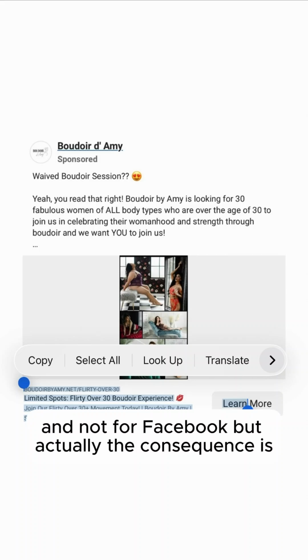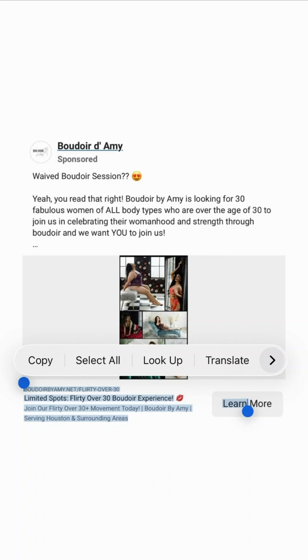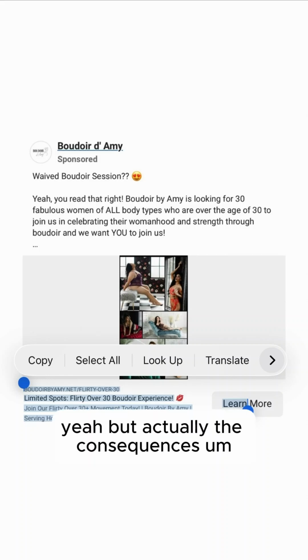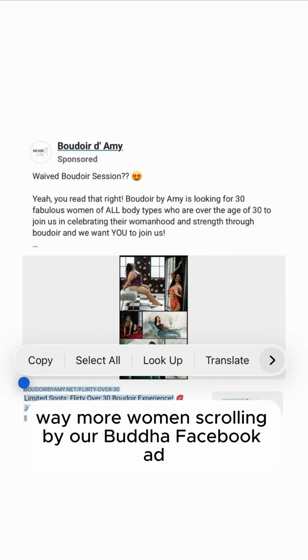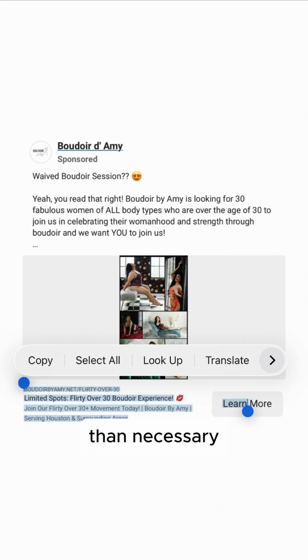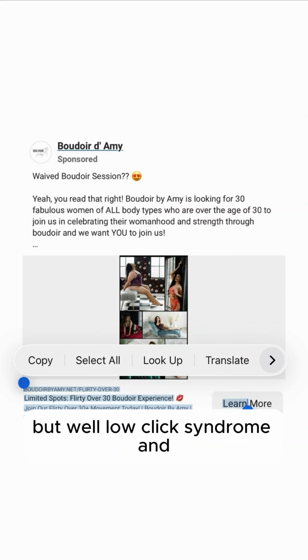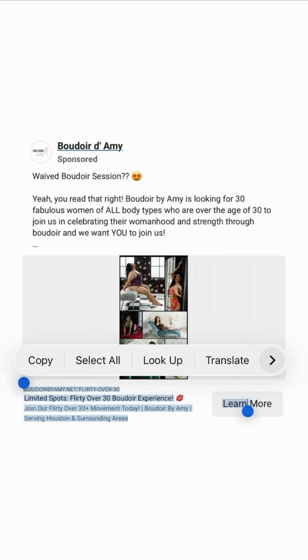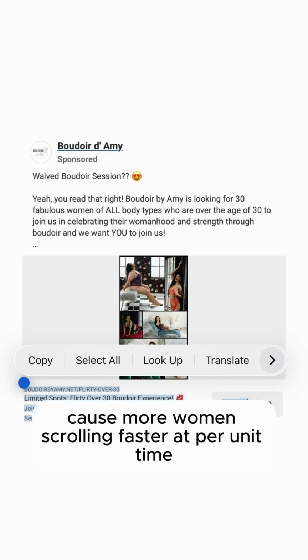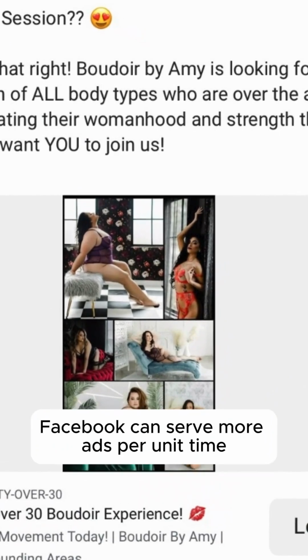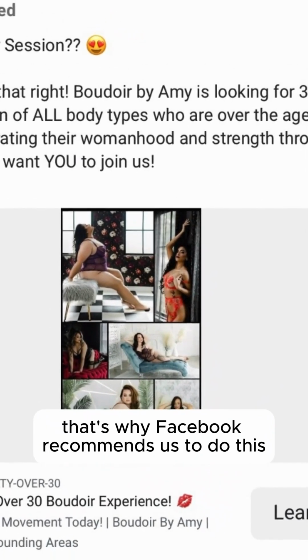But actually the consequence is way more women scrolling by our boudoir Facebook ad than necessary, which actually pulls our unique CTR under 6%, contributes to BLCS, boudoir low click syndrome, and Facebook actually makes more money per unit time from this because more women scrolling faster means Facebook can serve more ads per unit time. That's why Facebook recommends us to do this.